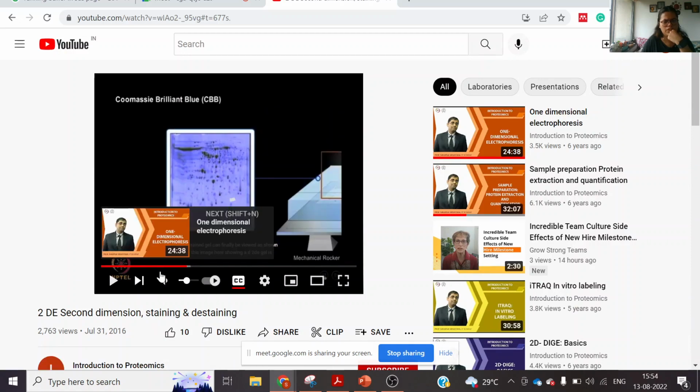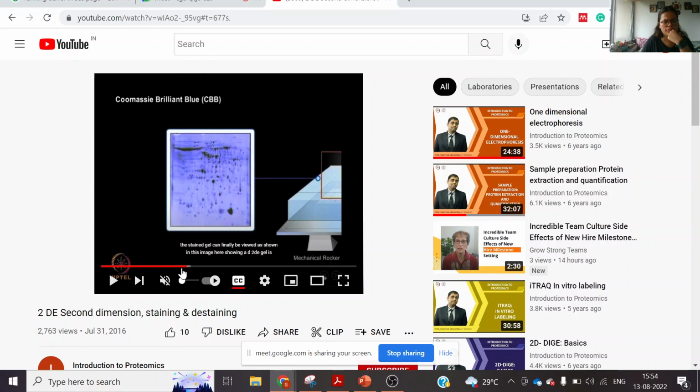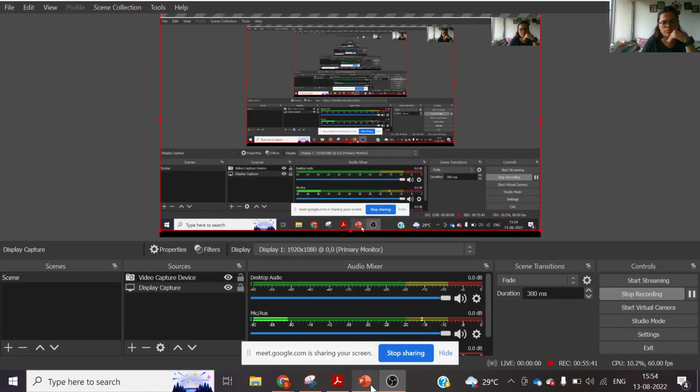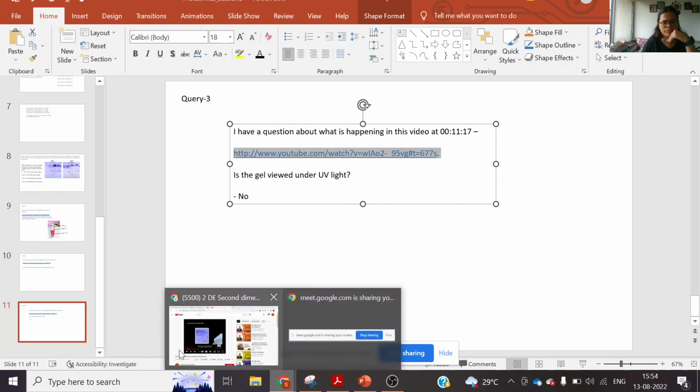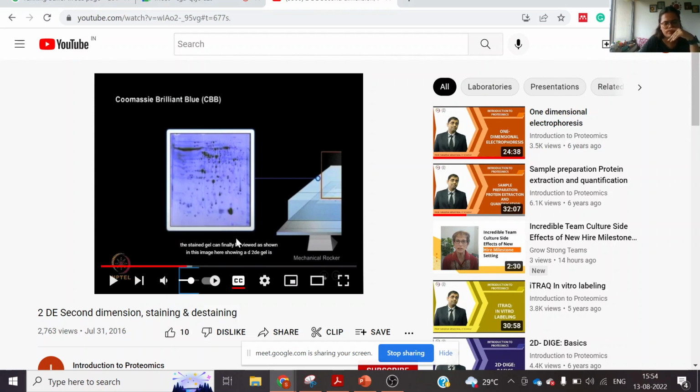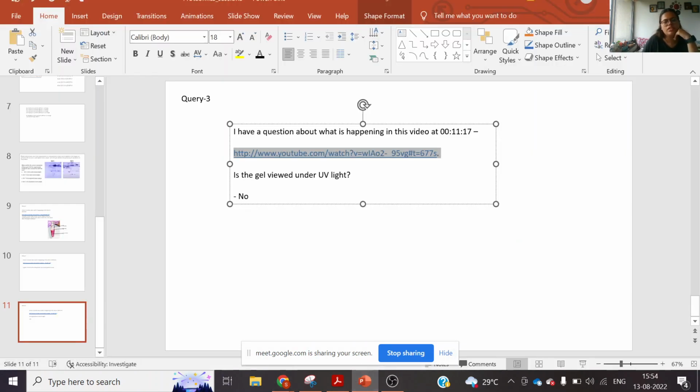Okay, so at this point somewhere, I guess you are asking about 11:17. So I guess it is about this image. As far as I understand, is the gel viewed under UV light.